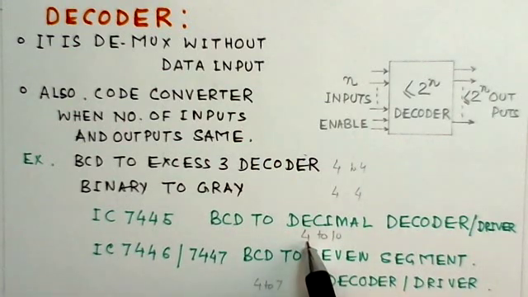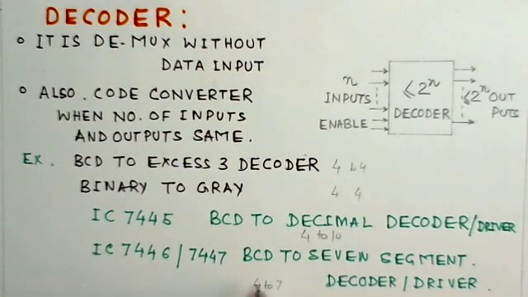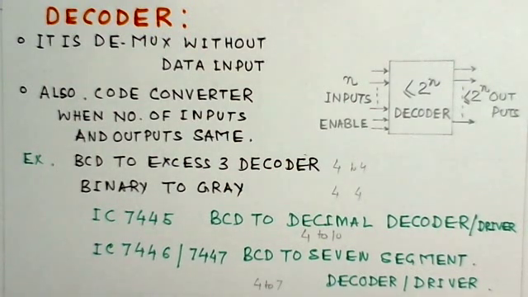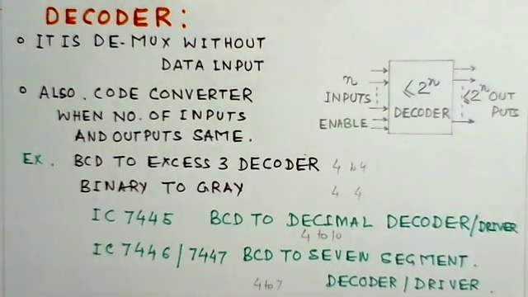That means input lines are 4 and output lines are 10. 7446 or 47 is a BCD to 7-segment decoder driver. That means it can drive the LED display. That's why it is said to be a driver. So these are some of the ICs available as decoders.